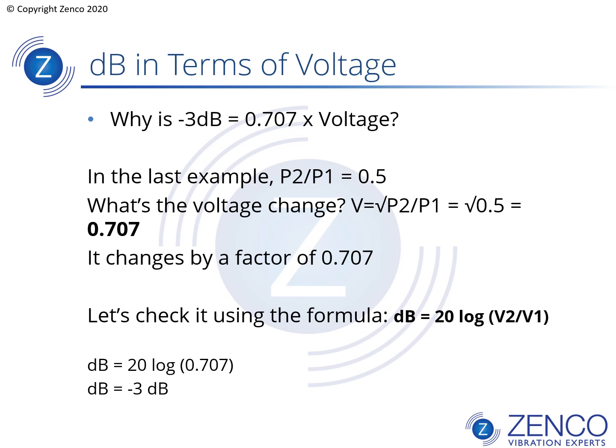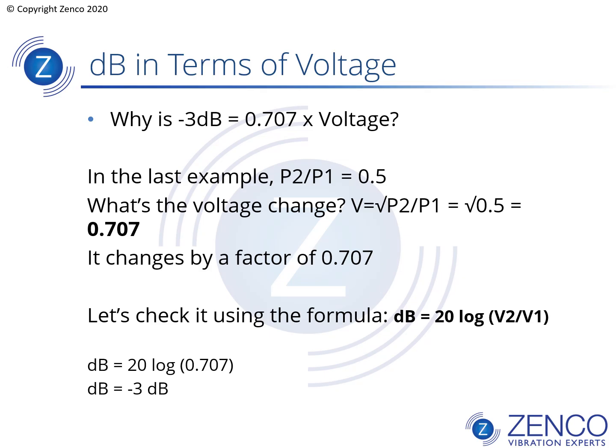Now let's see why minus 3 dB is equal to 0.707 times the voltage. In the last example, we said P2 divided by P1 was 0.5, or half the power. We can use this formula where V is the square root of P2 divided by P1. And when we do that, the square root of 0.5, we get 0.707. So this is saying that if the power is half, the voltage will go down by a factor of 0.707.